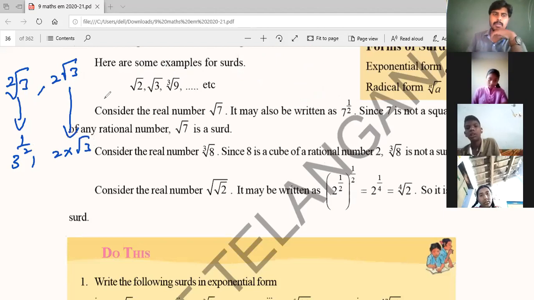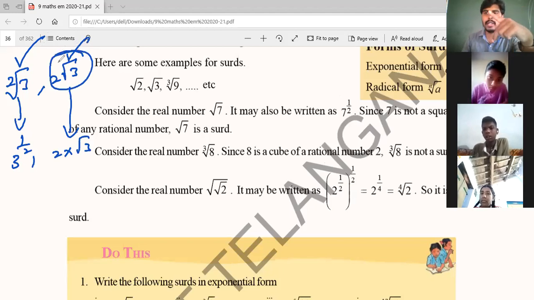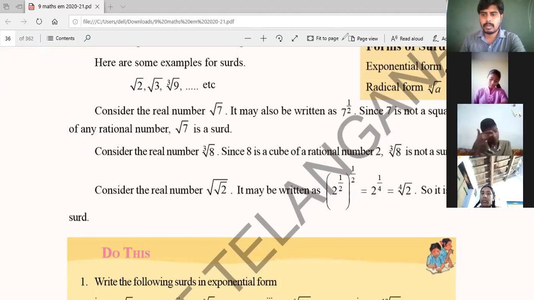That is the difference between the two numbers. Here you have a multiplication operation between 2 and root 3, and square root 3 is a surd. Did you get the difference between them?